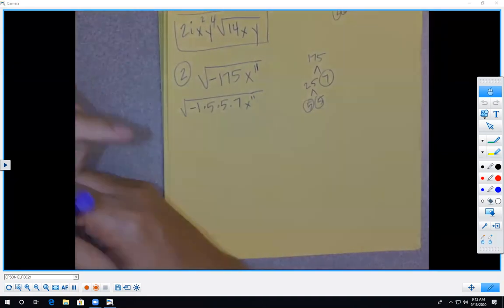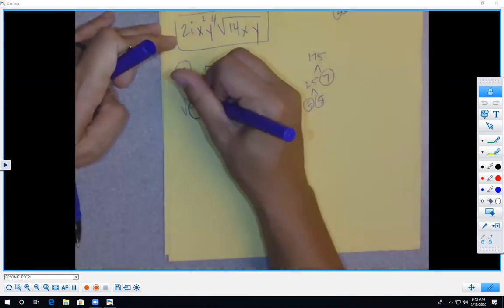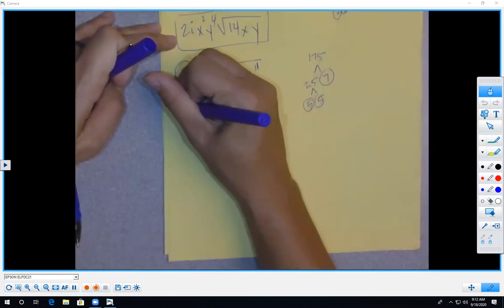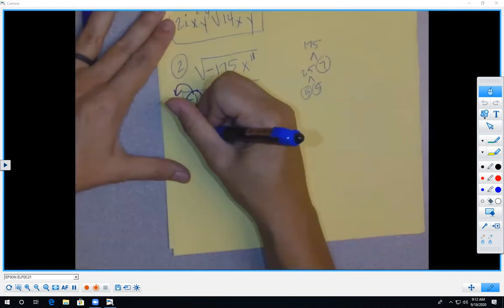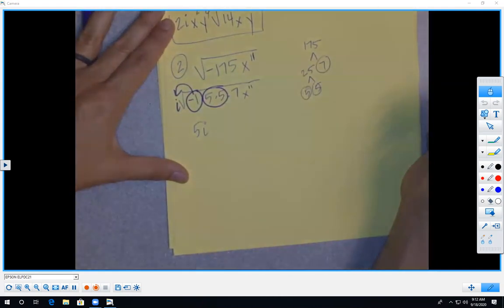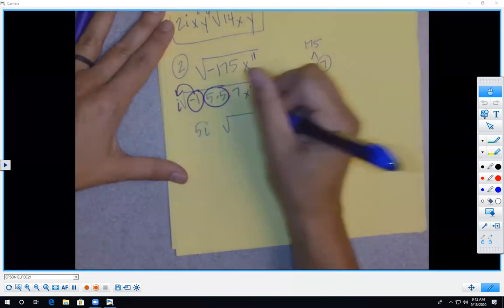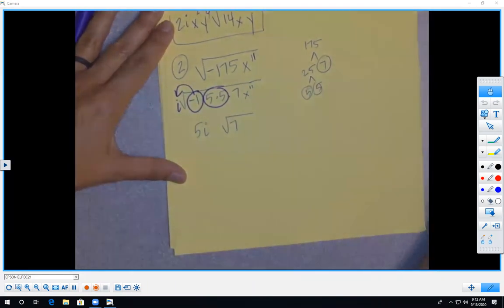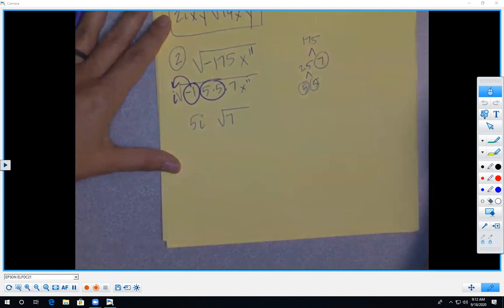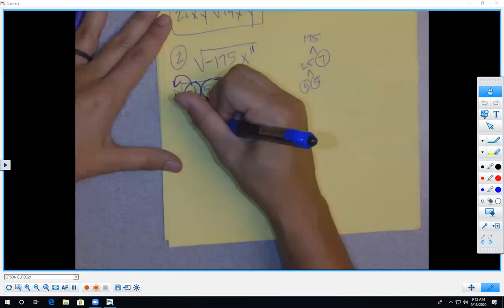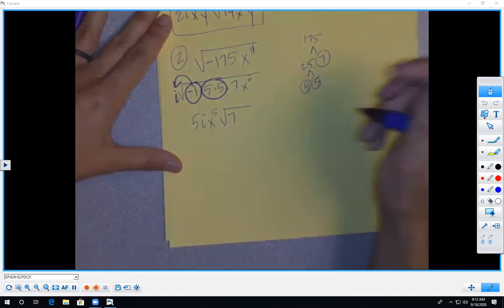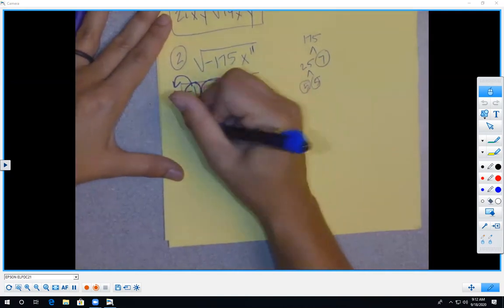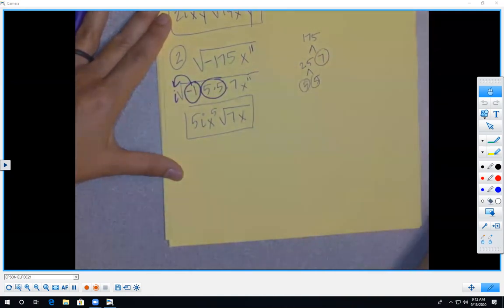So I can take out, how do you take out a -1? As an i. I can take out a pair of 5s. So on the outside, I'm going to have 5i. We'll leave space. On the inside, I would have 7. This x to the 11th, if I had 11 x's written out, how many groups of 2 could I take out? 5 groups of 2. So x to the 5th on the outside. Do you have any left over? 1 x left over. So x is on the inside. And that's your answer.